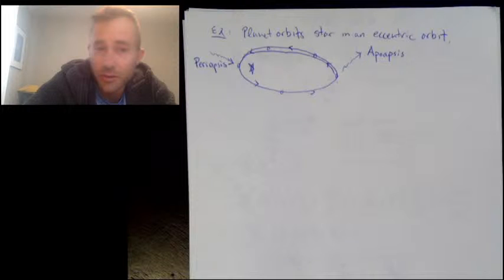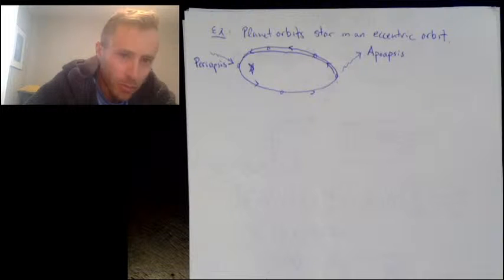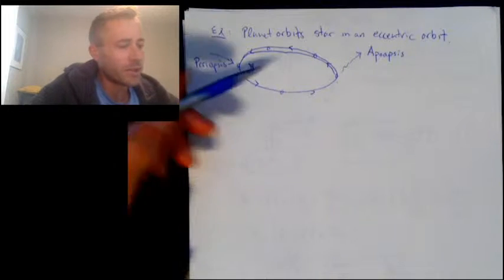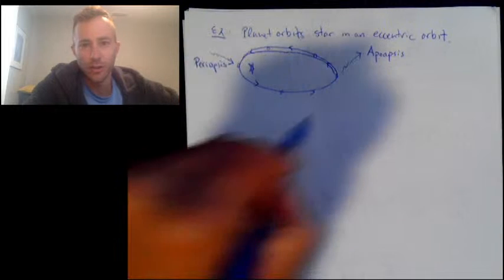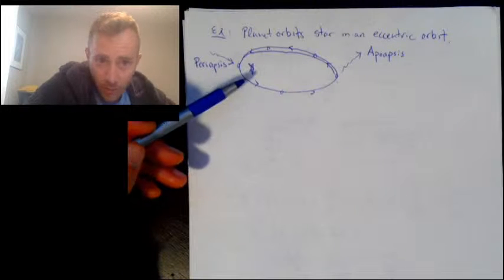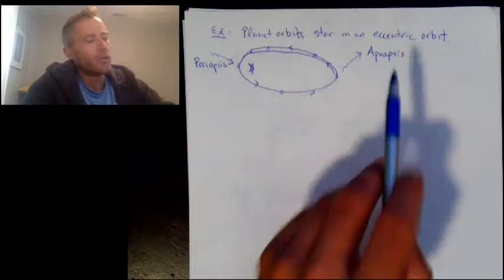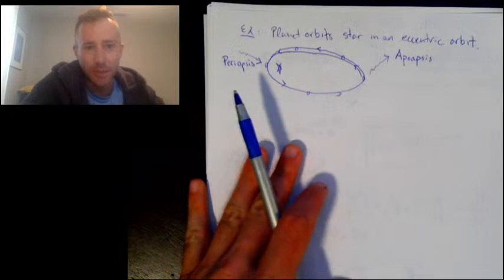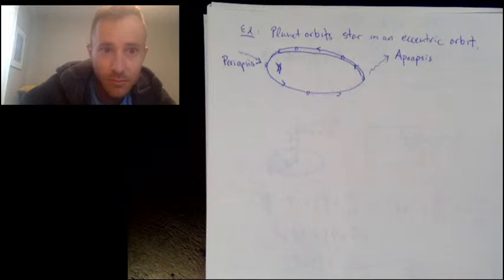So these are special points. If we're talking about orbits in general, they're called apoapsis and periapsis. But if we were talking about the sun in particular, you call them the perihelion and the aphelion, because helio means sun.